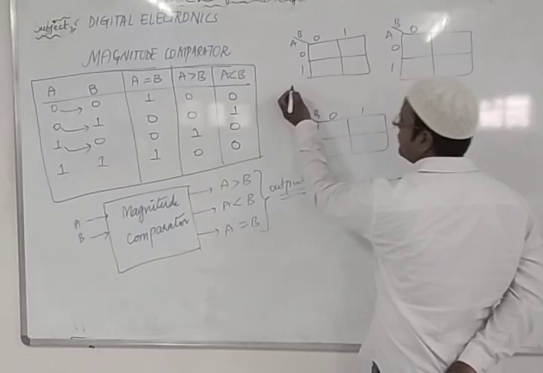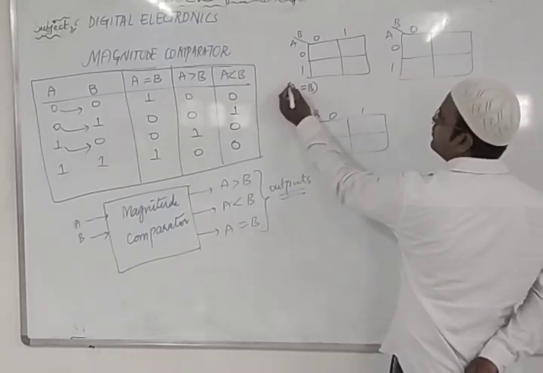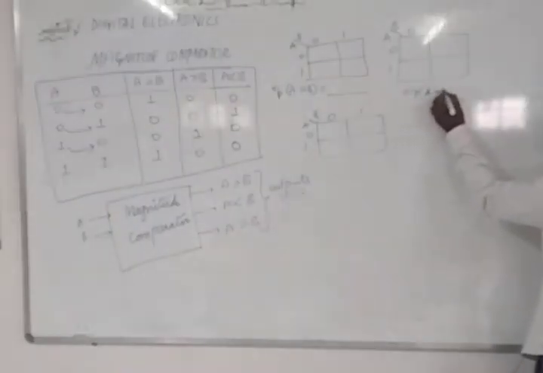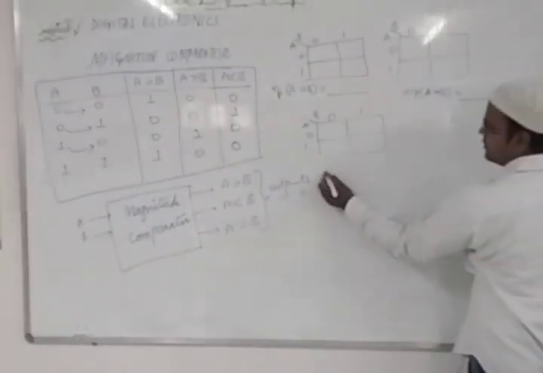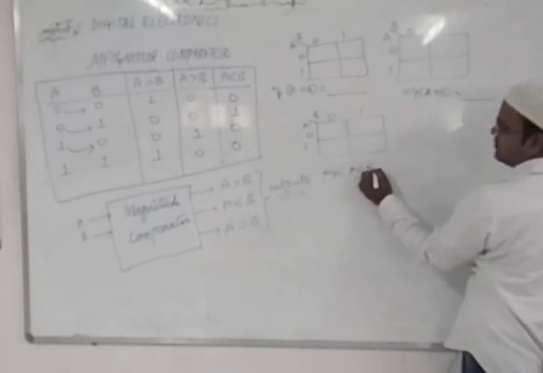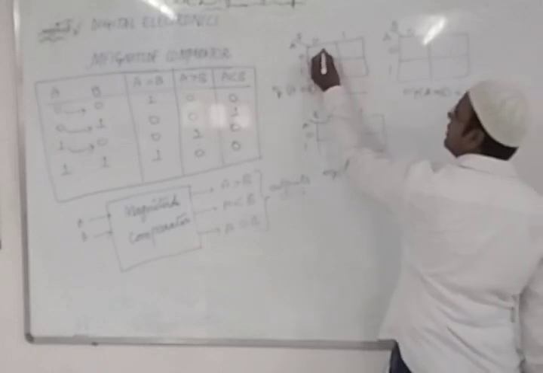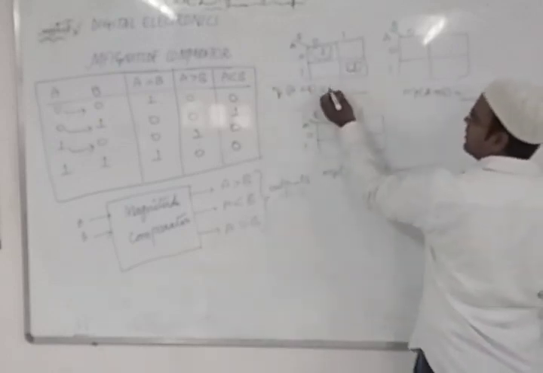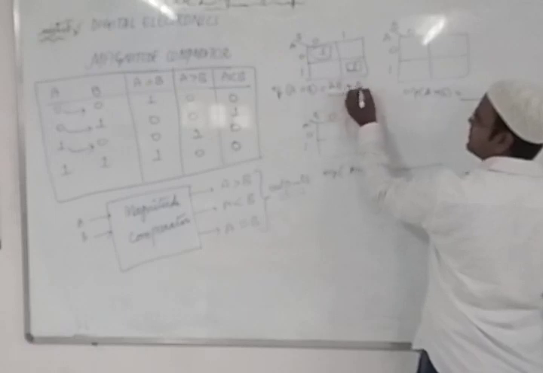When A equals B, that is the output I want to write. For the second output, I need to write A is greater than B. For the next output, A is less than B. When is A equal to B? At 0, 0 and at 1, 1. This and this I can combine, and write A complement B complement plus AB.